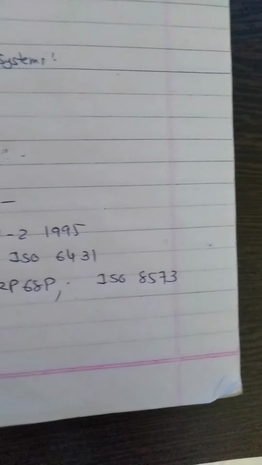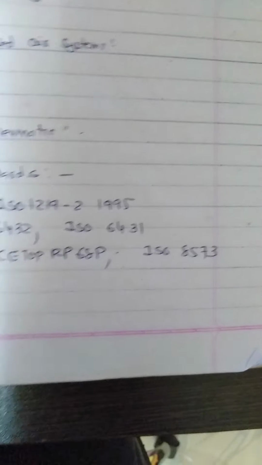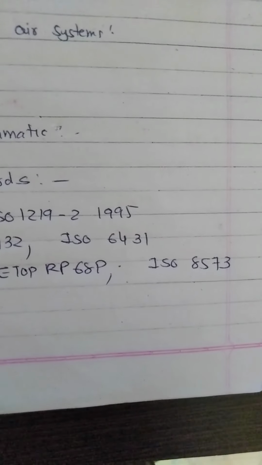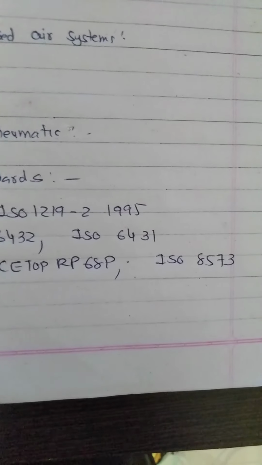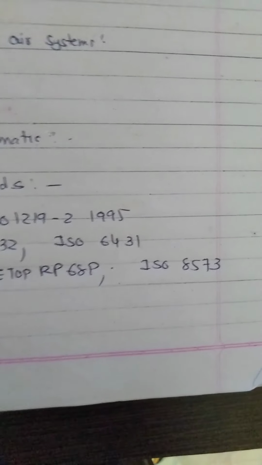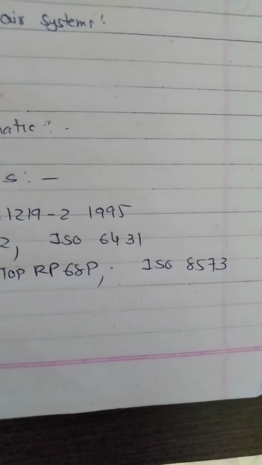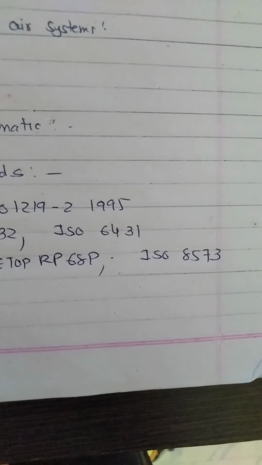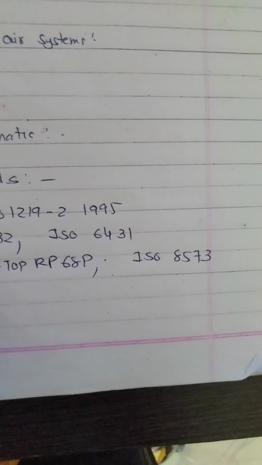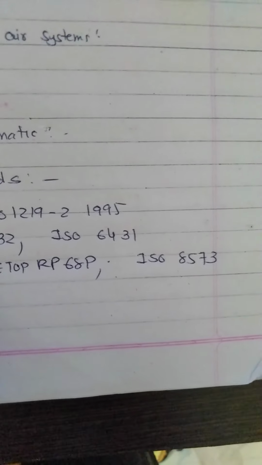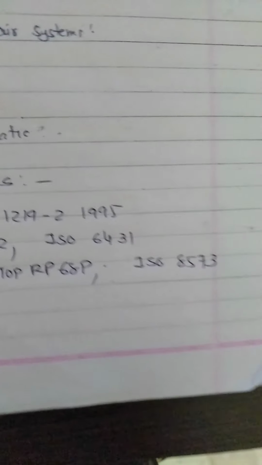Then comes ISO 5599, which is port marking of pneumatic directional control valves. How we are marking the ports, 3 port, 2 port, or how to show it, you can get from ISO 5599, and accordingly we have to draw. Then ISO 6432 is the mounting dimensions of pneumatic cylinders of 8 to 25 mm only.